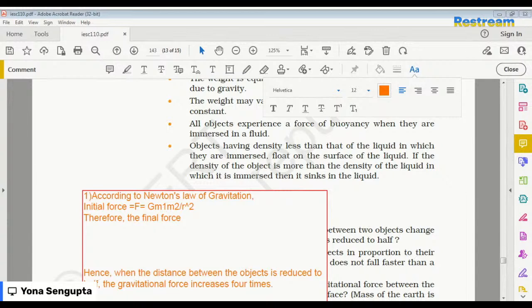The new final force would be equals to G into M1 into M2 by R by 2 whole square.